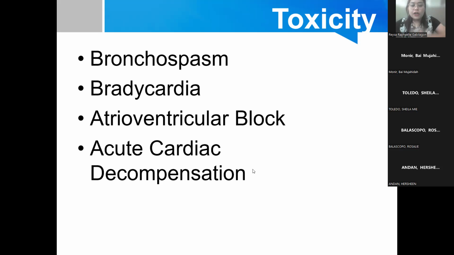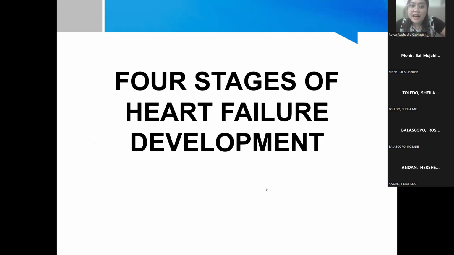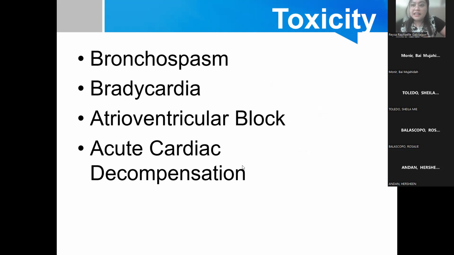And it can cause acute cardiac decompensation. The blood it supplies will be lacking because we weakened it. But that is actually beneficial in the long run because the heart does not work too much, so the damage does not progress quickly. That is the explanation why we also use beta blockers for patients with heart failure.